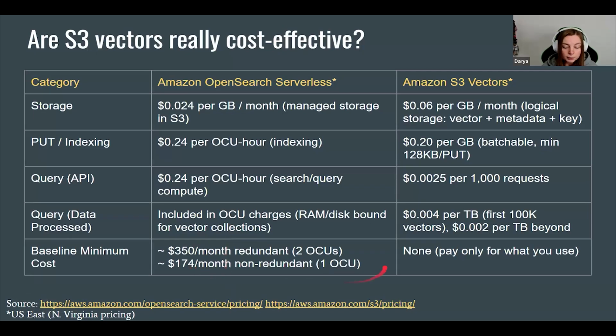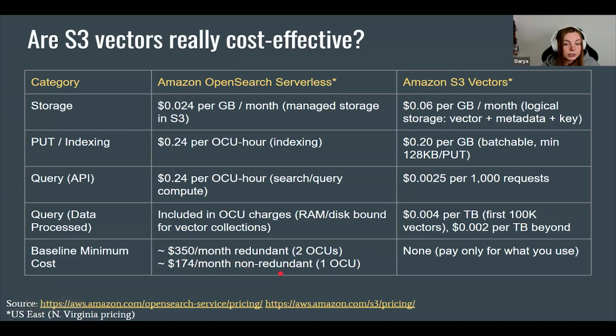It means that you will pay a fixed cost per month, even if you don't touch your vector storage. If you consume a bare minimum of one OCU, you will be charged approximately $174 per month. And it can easily go up to 350 and more per month, even if you don't consume anything.